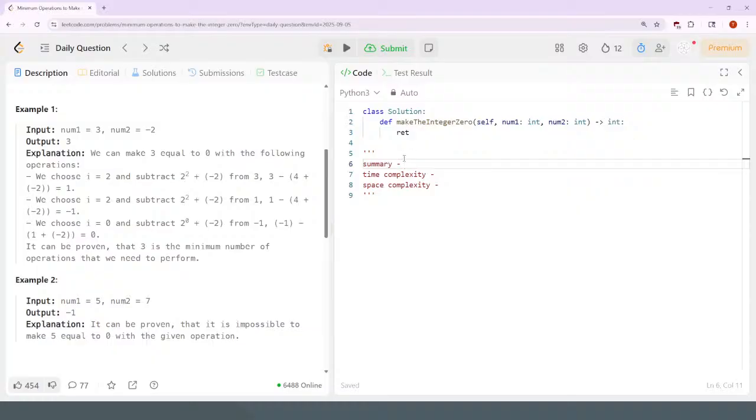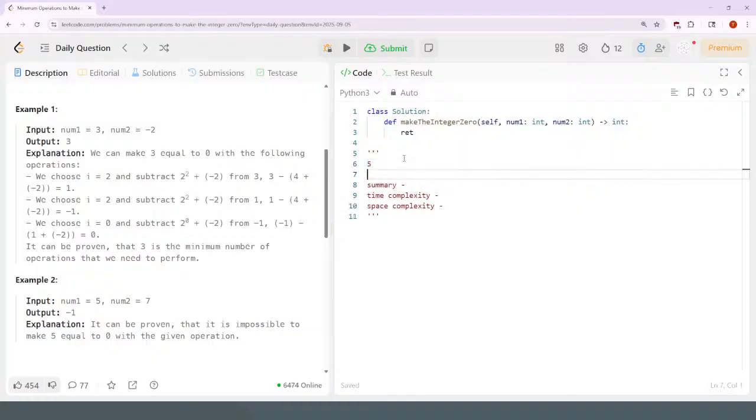Okay, so say 5, offset by 7. The lowest thing that you can subtract is... 2 to the 0 plus 7 is actually 8.